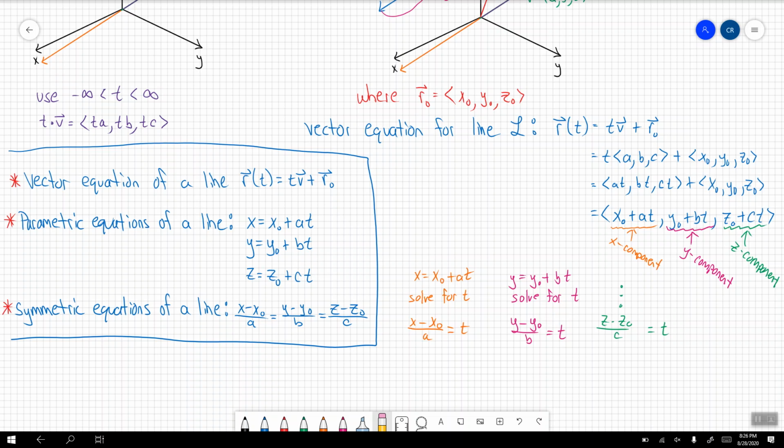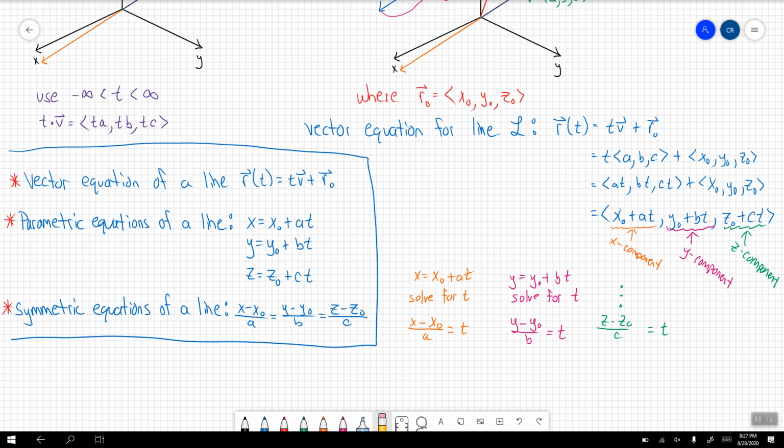Instead, the middle component will just be y is equal to y naught in the case that b is equal to 0. And similarly, you'll work with what happens if my a coefficient is 0 or if my c coefficient is 0. You're going to work with those different options, and again, we have to make sure that we analyze what it is that we're looking at and how it is that we're looking at it.